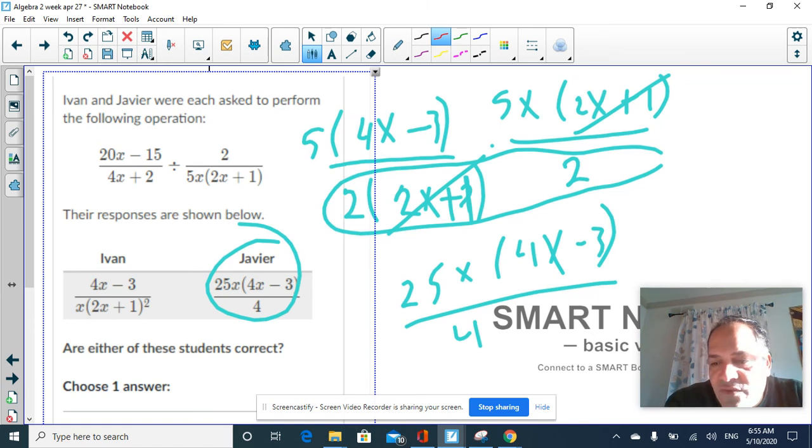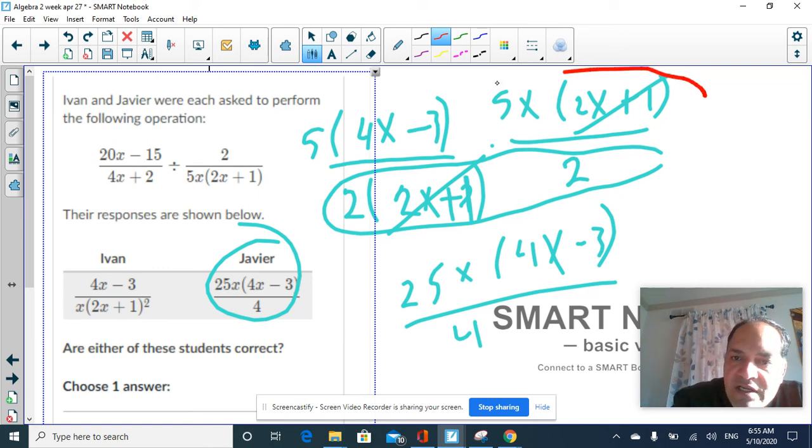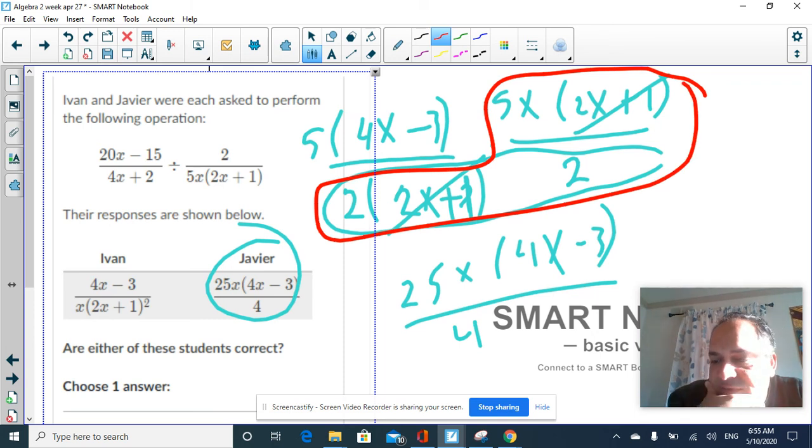If you are going to find the point that your function is undefined at, take the denominator and the numerator for the second part. So you are going to take the whole part in the bottom, in the first part. So your zeros here, x equals 0, x equals negative 1 over 2.